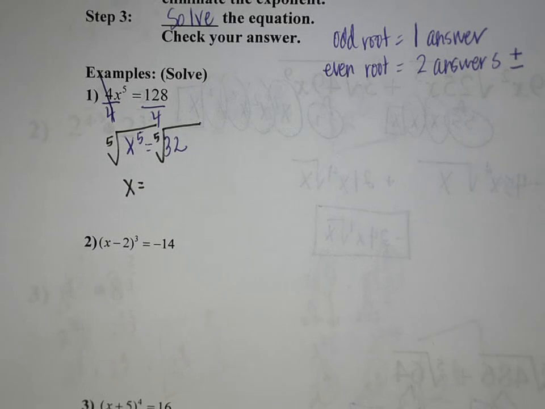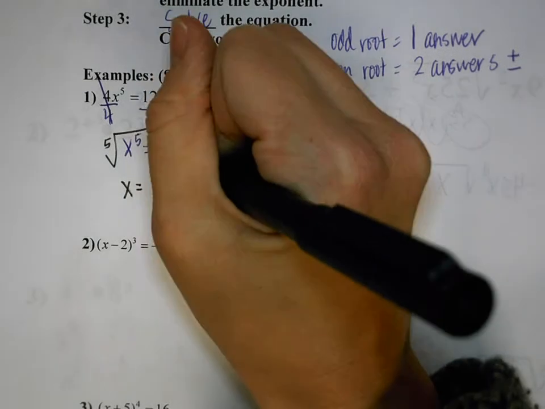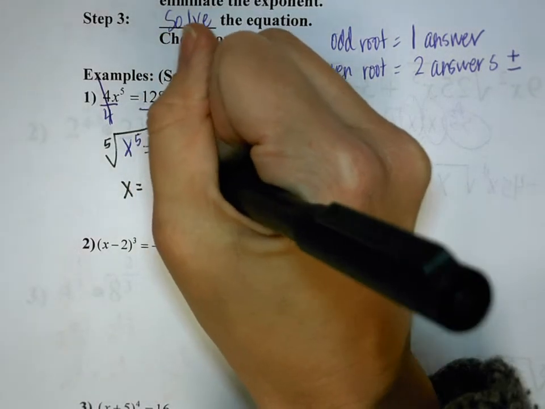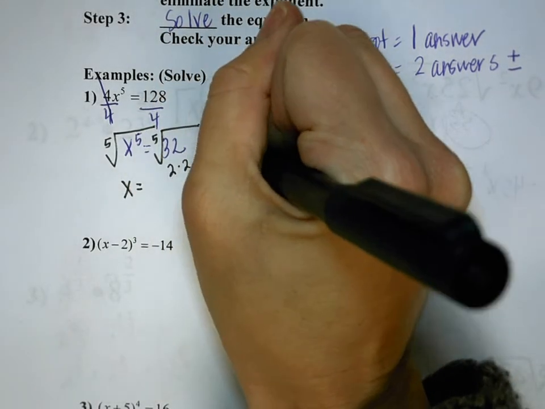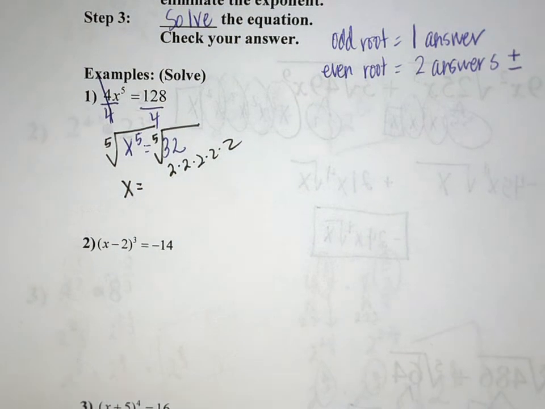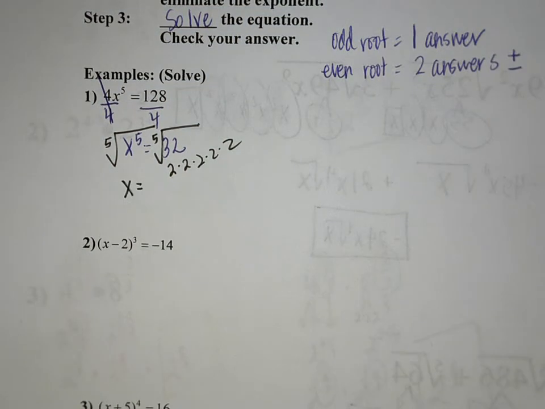Okay, it's only when you take an even root. Okay, 32, what does 32 break down to? Right, and 32 is one we're actually going to end up working with a lot, but the 5th root of 32 ends up breaking down to be 2 times 2 times 2 times 2 times 2, 5 2s. If you did 8 and 4, 8 is 3 2s, 4 is 2 2s, that makes 5 2s.